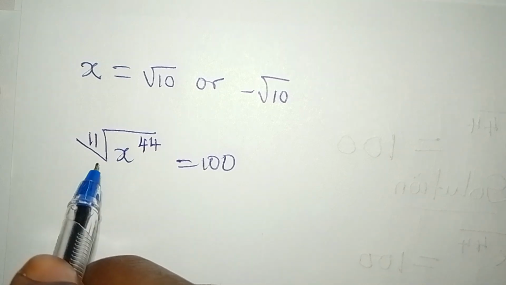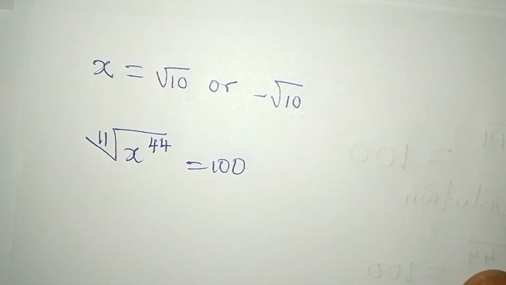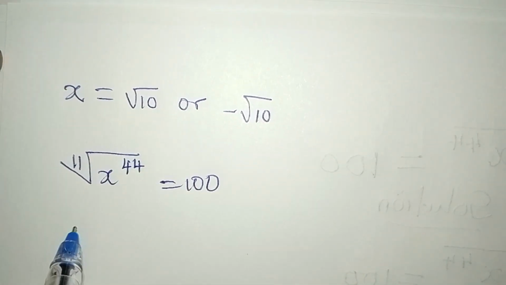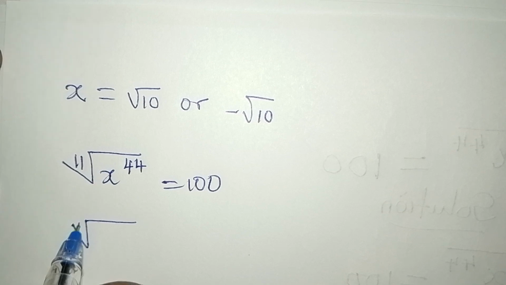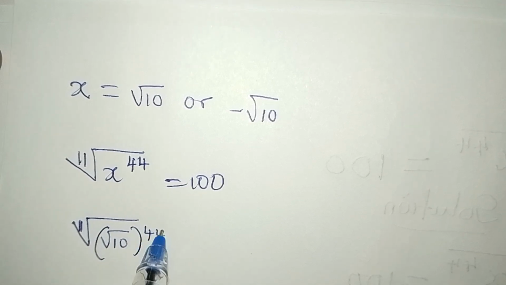We have the 11th root of x to the power of 44 equals 100. Let me put in the first value of x, which is root 10. So we'll have the 11th root of root 10, then I raise this to the power of 44.